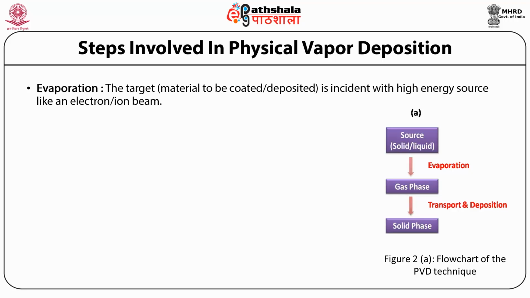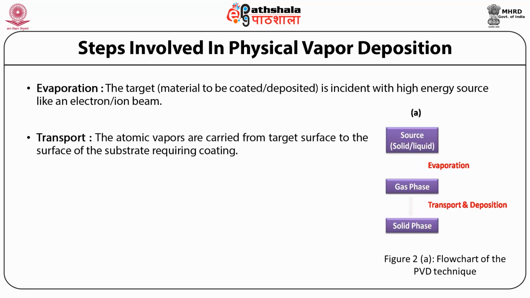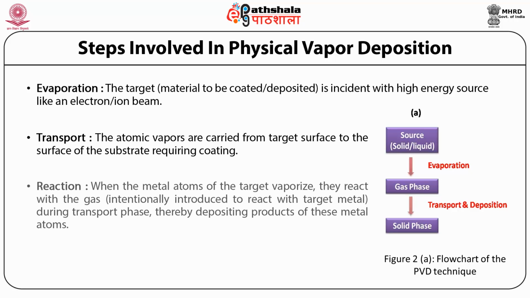The atoms from the target surface are removed, thereby vaporizing them. Then the next step is the transport. The atomic vapors are carried from the target surface to the surface of the substrate which requires the coating.